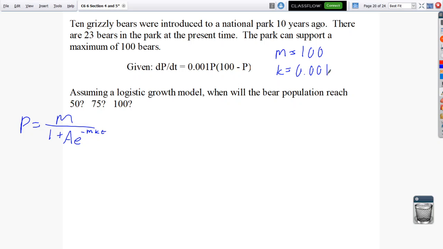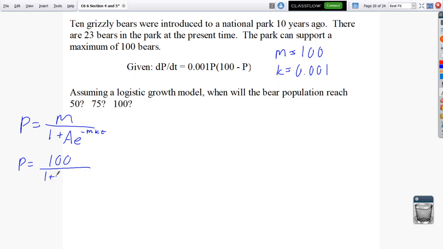I'm going to plug that stuff into my equation right here. So I'm going to have my population is equal to my maximal carrying capacity, 100, over 1 plus A. A is some constant determined using some sort of condition.